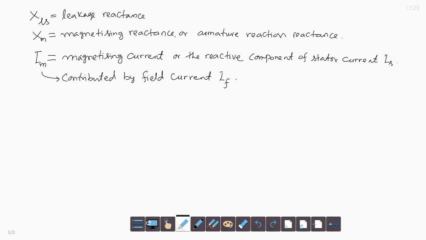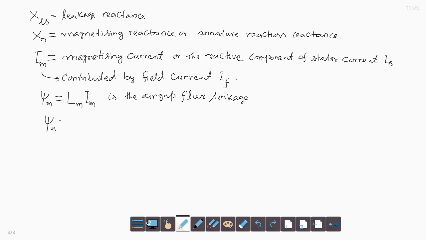So, we have psi m, flux linkage Lm into Im, is the air gap flux linkage, which is due to the combined action of stator flux linkage and rotor flux linkage.